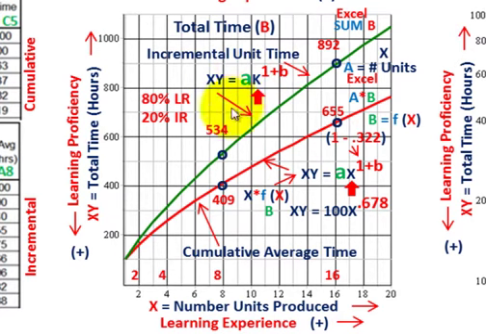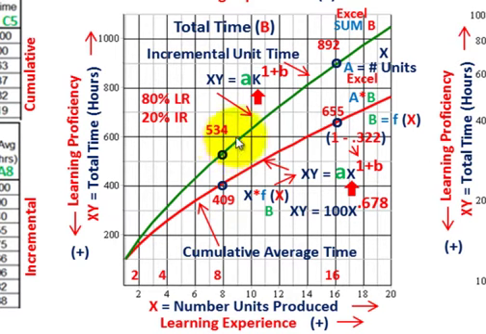Okay, so let's just look at our cumulative average time, and then along our x-axis, I'm just showing the x, the number of units produced, and that's increasing, and our learning experience is increasing as we increase the number of units produced. So just for comparison purposes, you can see at 8 units produced, for the cumulative average, we're looking at 409, and for the incremental unit time, 534.